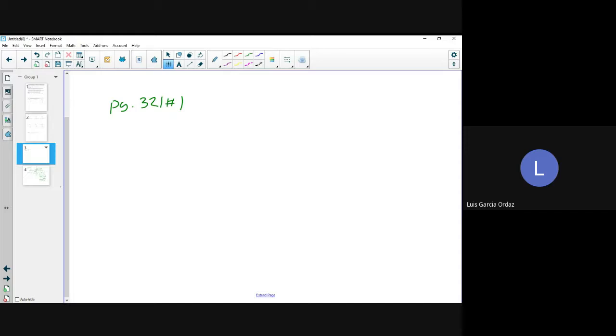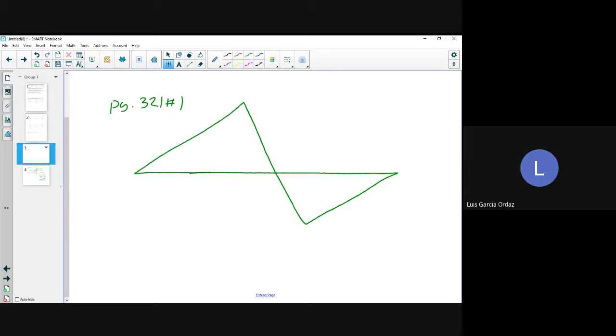Okay, so you have this gigantic triangle over here. This is a right angle. We have two triangles inside of the second one.